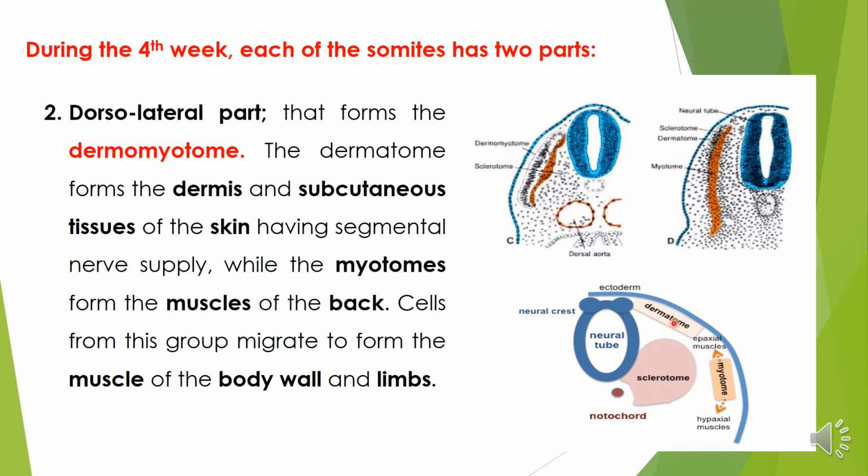The dermatome forms the dermis and subcutaneous tissue of the skin and supplies it with the nerve. The myotome forms the muscles of the back. Cells from this group migrate to form the muscles of the body wall and the limbs.